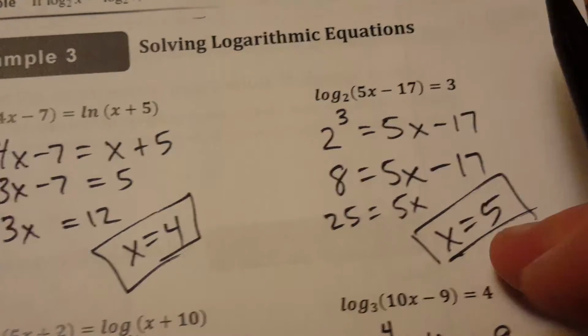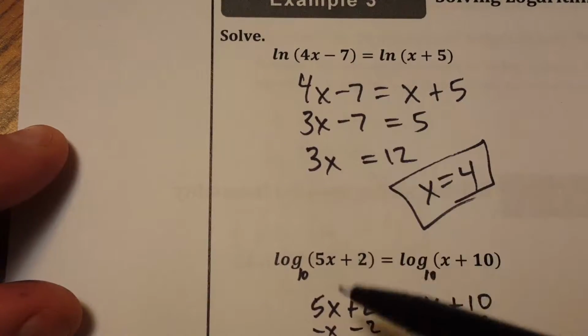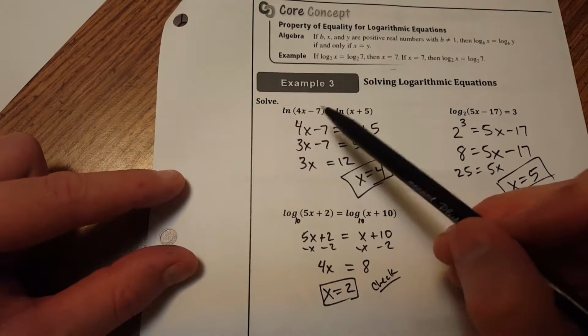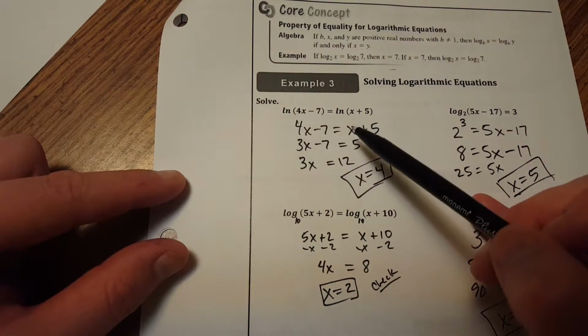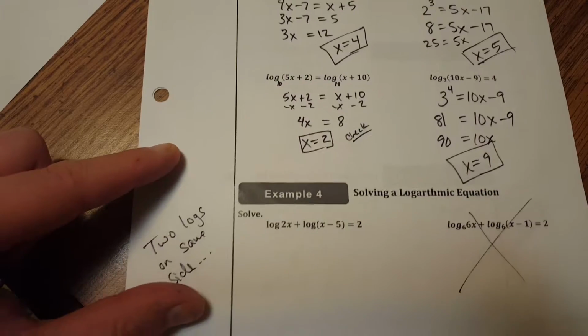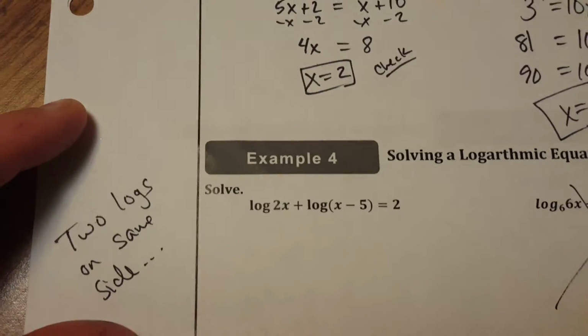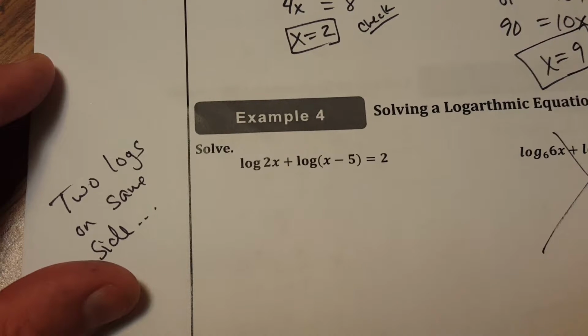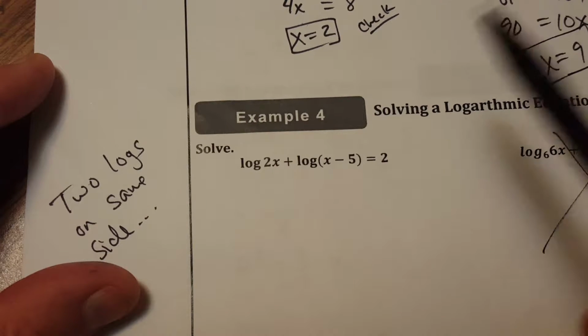We'd switch forms. Here, on these two, we had a logarithm on the left equaling a logarithm on the right, and they had the same base. Now we have 2 on the same side. So it's going to take a different strategy. Just recognizing the type helps you decide on a good strategy.